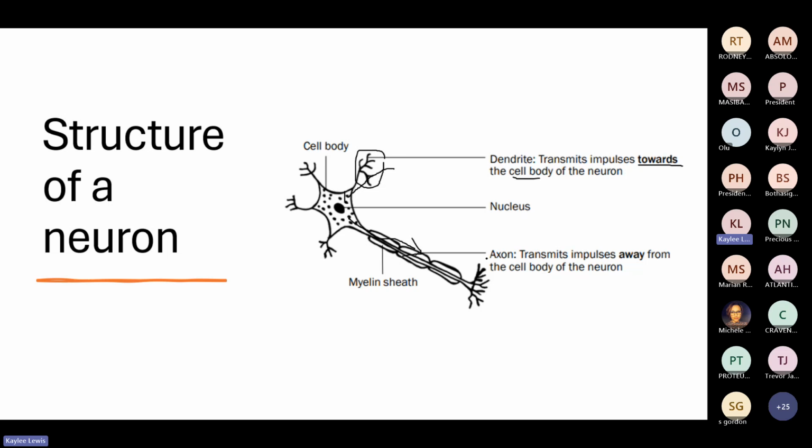And remember I said back in the beginning of the session, axon A for away from the cell body. And then you have a myelin sheath surrounding the axon, and that myelin sheath allows for fast transmission of impulses and provides insulation. And remember, what disease is it when the myelin sheath is damaged? That would be multiple sclerosis.